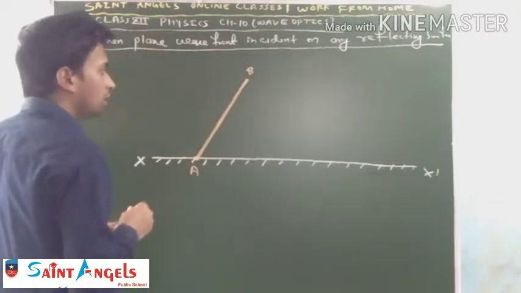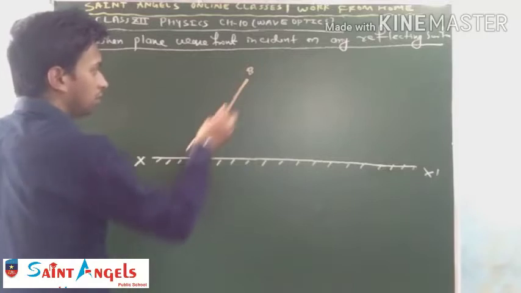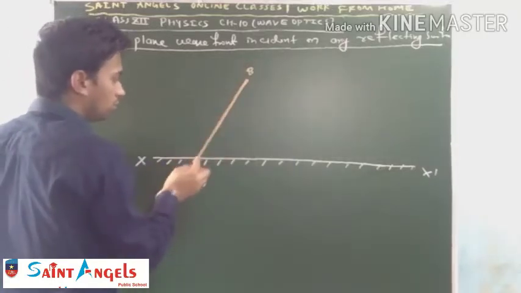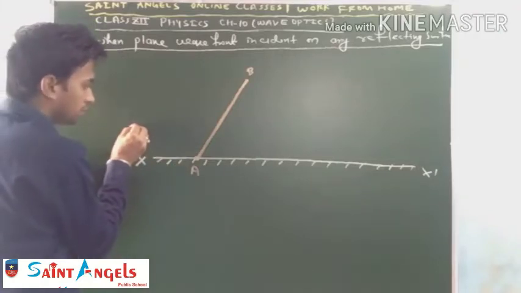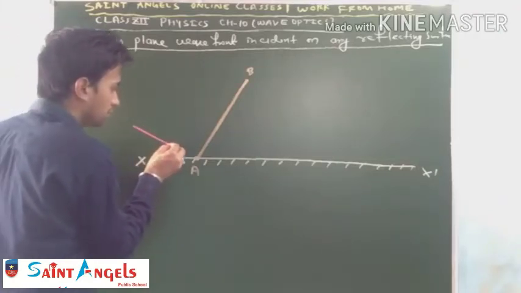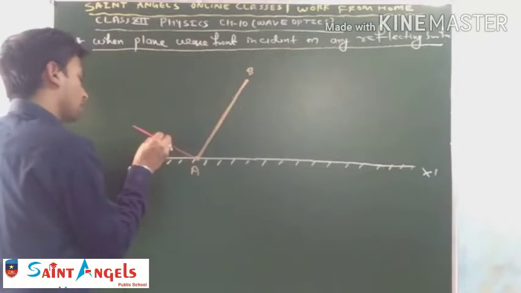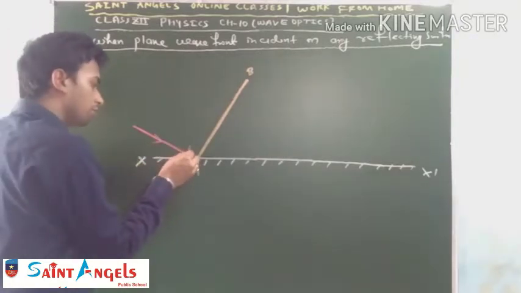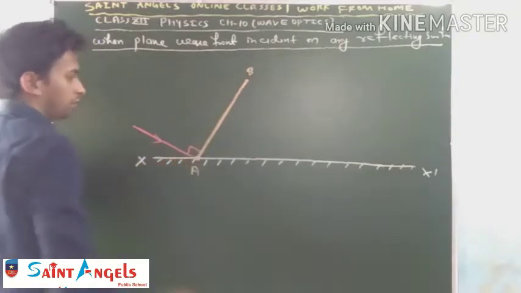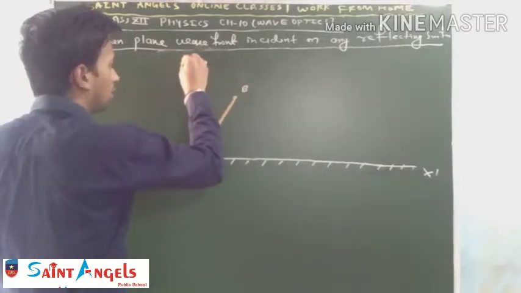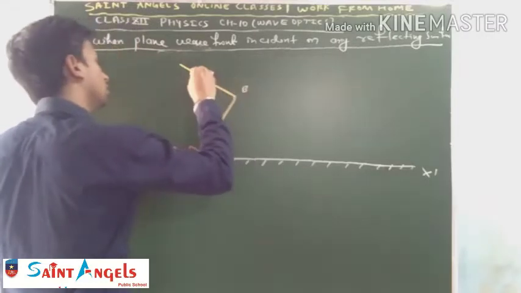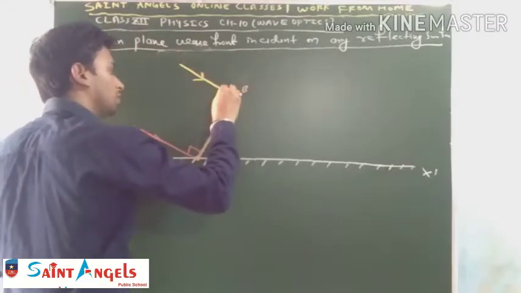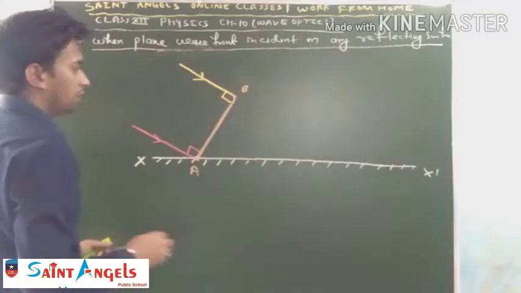Student, if we draw the ray, then we know that a ray is always perpendicular to the wavefront. So this is a ray which is perpendicular to the wavefront, and this is another ray which is also perpendicular to the wavefront.